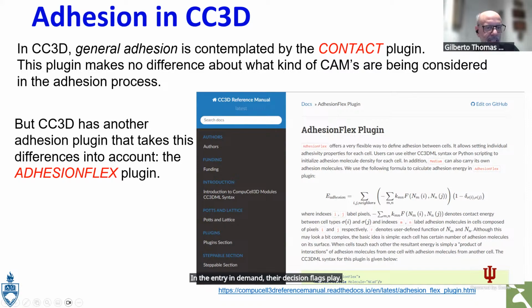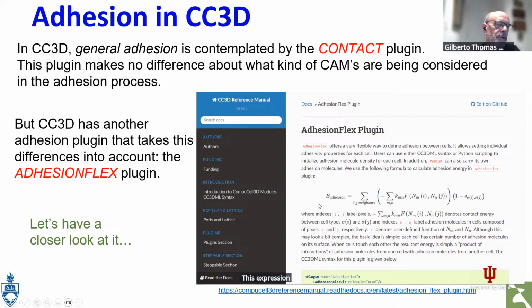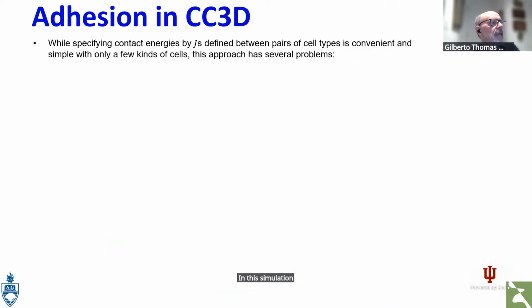Let's see in more detail this expression here, which regulates the energy in the simulation. Remember, when we use the contact plugin, we have only to define the energies between pairs of cells.